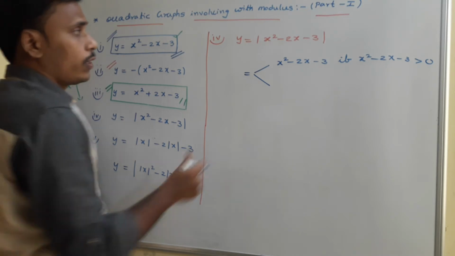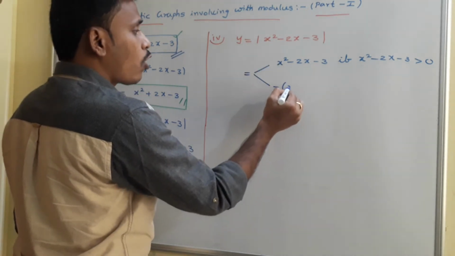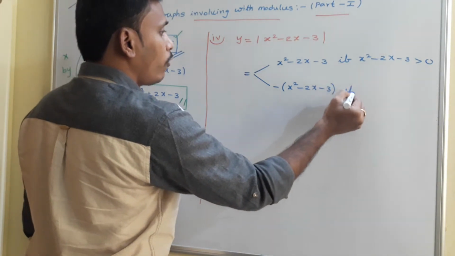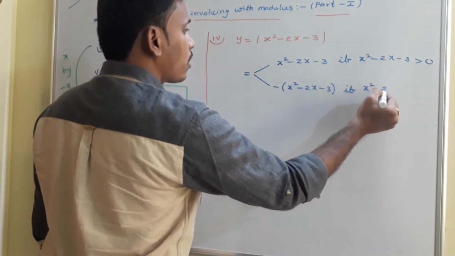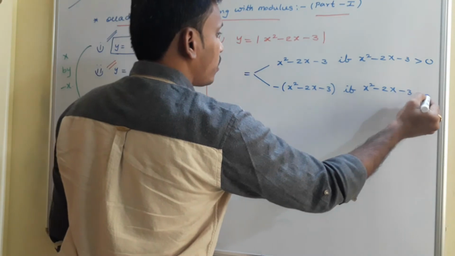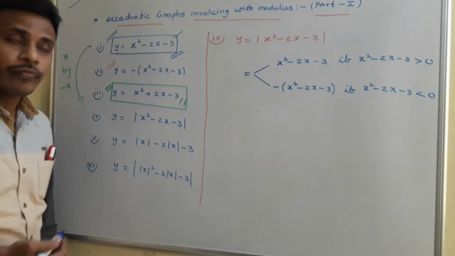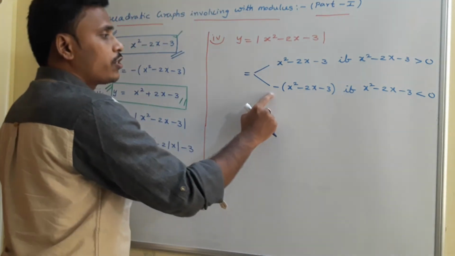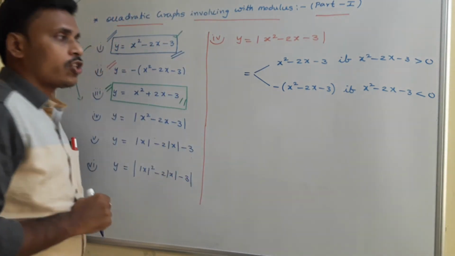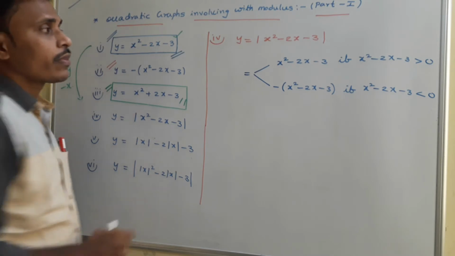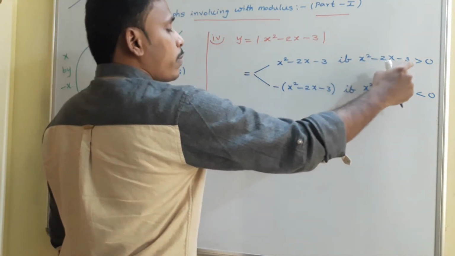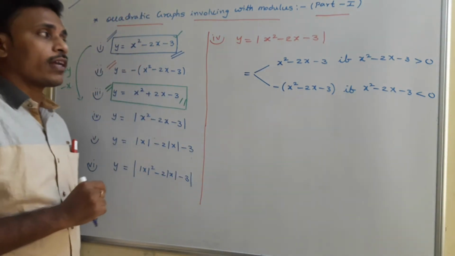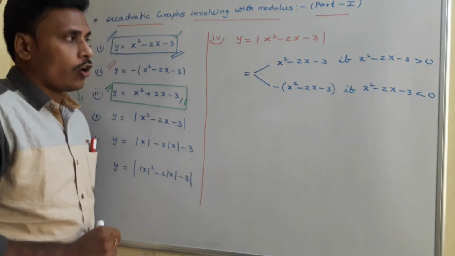And the next one is minus of x square minus 2x minus 3 if x square minus 2x minus 3 is negative. If x square minus 2x minus 3 is negative, you need to consider minus of x square minus 2x minus 3. And if it is positive, your answer is x square minus 2x minus 3.